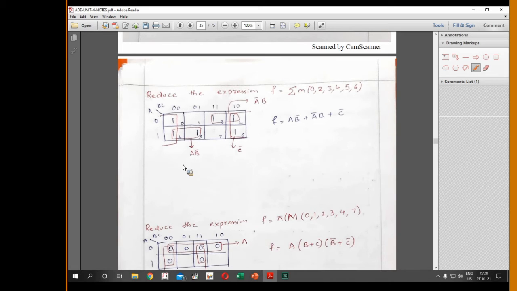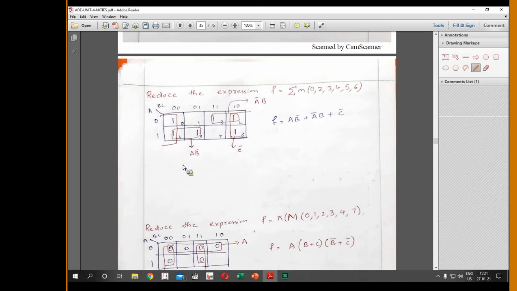So always in reduction of your function, check for the big square formation using your given minterms. If it is not possible, then go for the next big square. If it is not an octet, then go for the quad. If you don't have a quad formation with the given minterms, then go for the last or least possible big square, which is your pair.